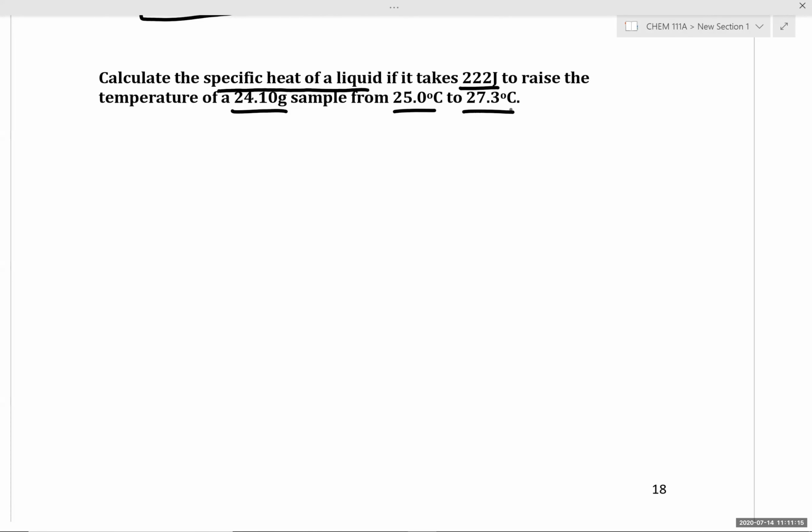So looking at the response I see in the chat, it looks perfect. If you're following the sign conventions, you will get a positive number for your specific heat. Specific heats are always positive. The responses I see in the chat look great.